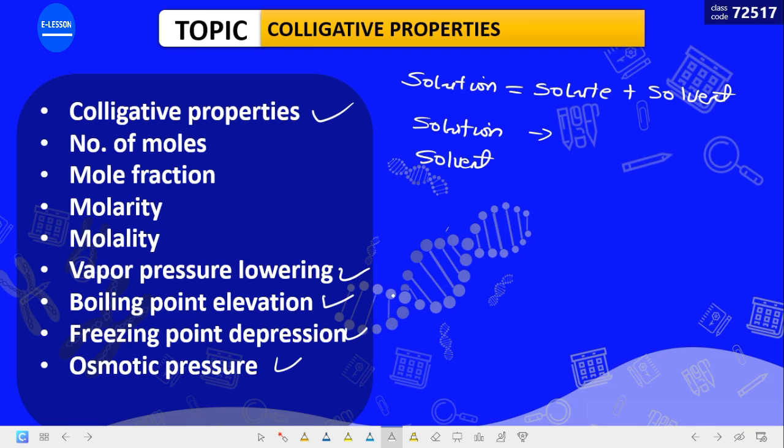These properties for the solutions either increase or decrease due to the presence of the solute. These properties are collectively called the colligative properties. Colligative, as the name implies, means collected together.